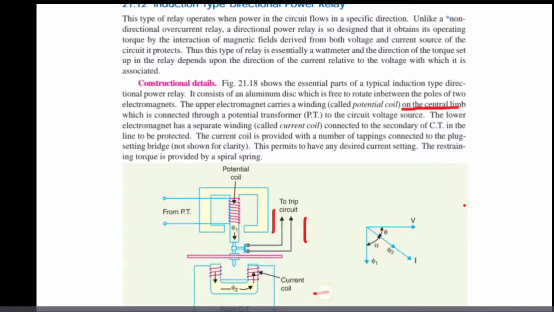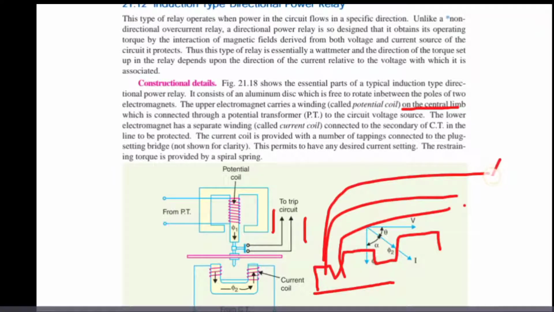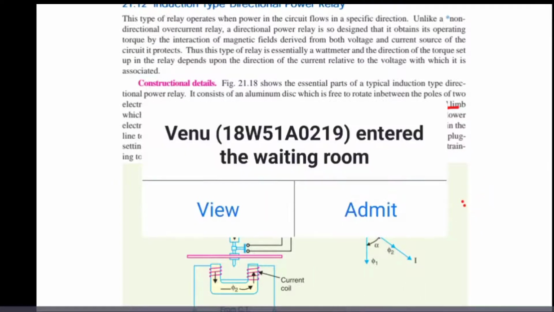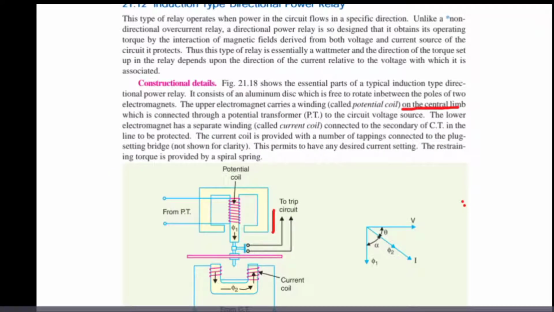The current coil is provided with a number of tappings connected to the plug setting multiplier, as you saw in the previous classes. According to that, we can extend the range of the relay.